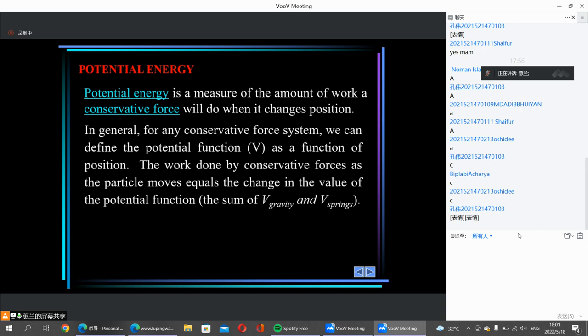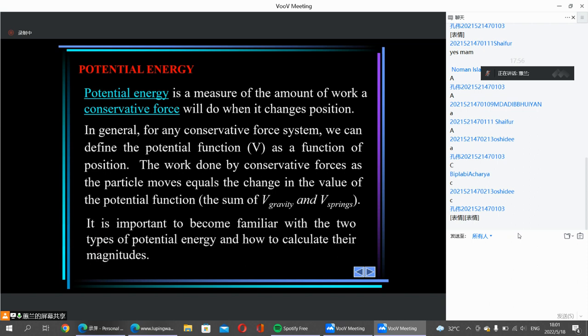So generally speaking, for any conservative force system, we can define the potential function as a function of position. Why? Because the work done by the conservative force is only a function of position. So potential energy is also only a function of position. The work done by conservative forces when the particle moves equals the change in the value of the potential function, right?